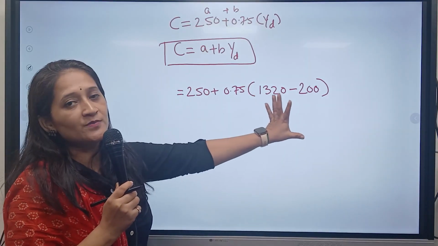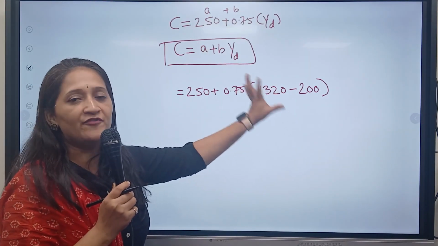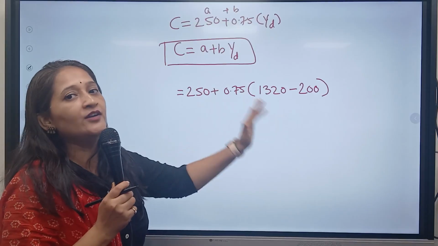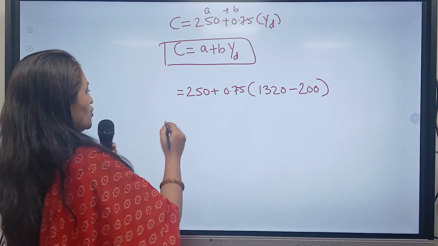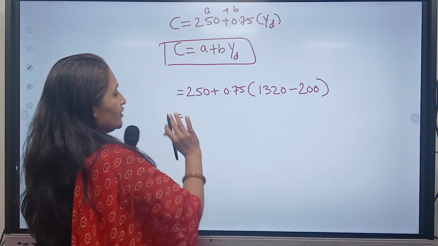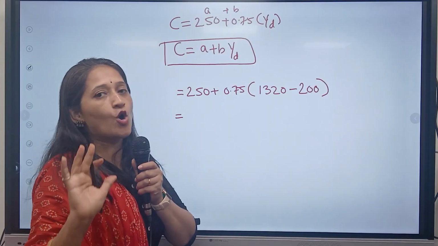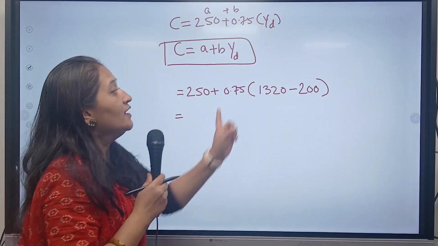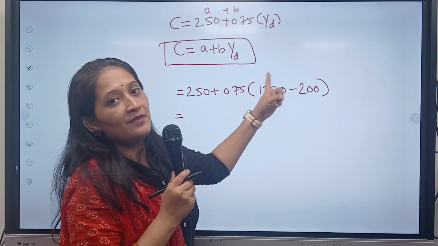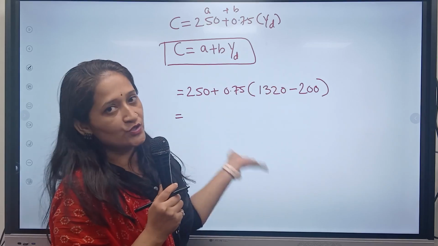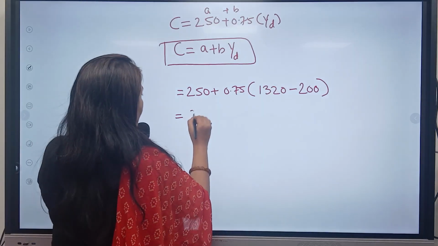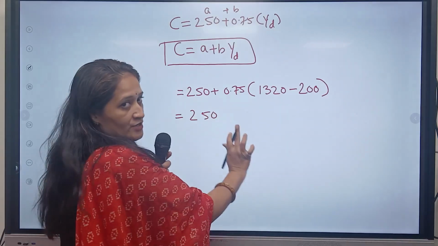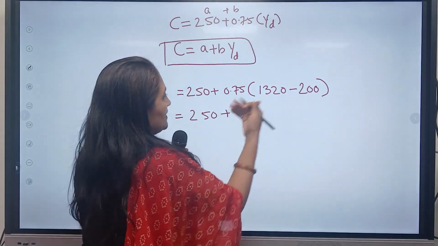That disposable income is the income left with the household to spend on consumption. The household is already spending 250 crore rupees as autonomous consumption, but with the disposable income left, they also have induced consumption. So let's find out autonomous consumption 250 crore plus induced consumption.